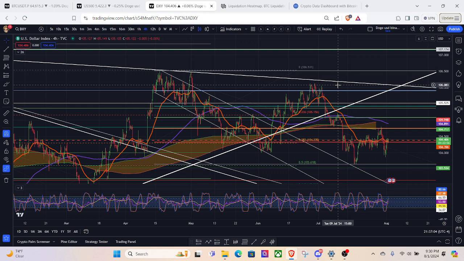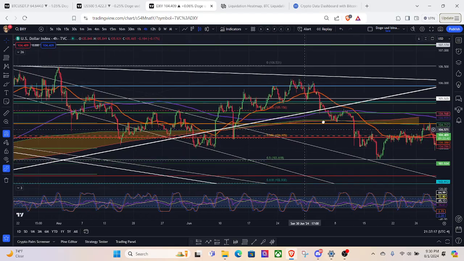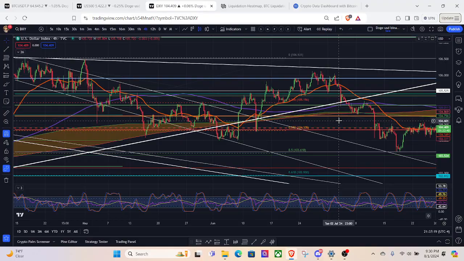So this could be a representation of the US dollar gaining strength or dominance over pretty much any other currency that is priced in the US dollar, and that includes stuff like Bitcoin and the stock market, other risk assets.